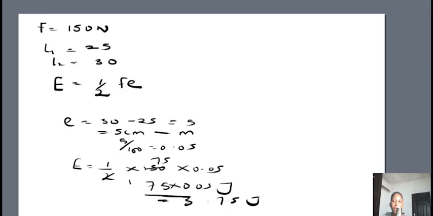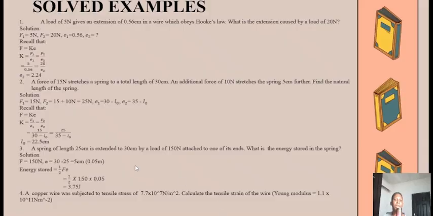So let's go to the final question, which says a copper wire was subjected to tensile stress of 7.7 times 10 raised power 7 Newton per meter square. So we're given the tensile stress. I hope we've not forgotten the formulas we had. Let's delete this.